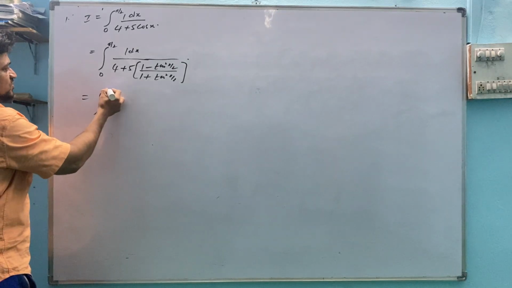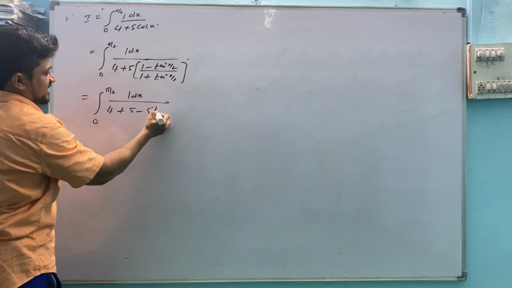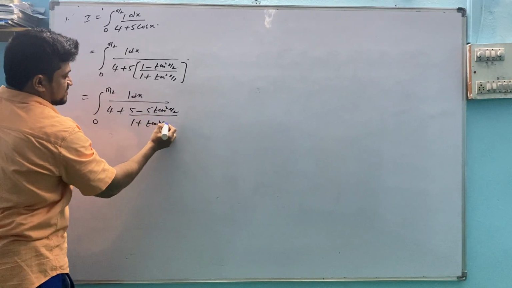Then integral 0 to pi by 2 dx divided by 4 plus 5 minus 5 tan square x by 2, over 1 plus tan square x by 2.